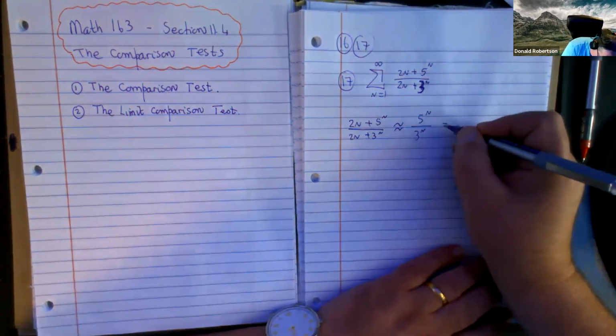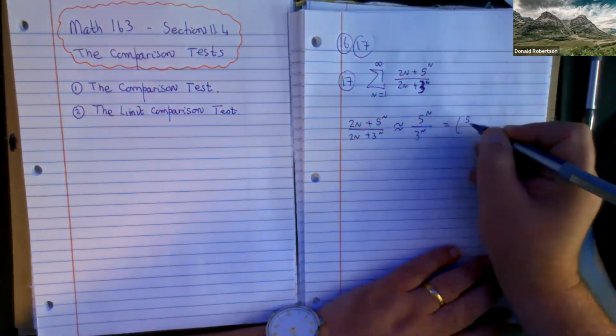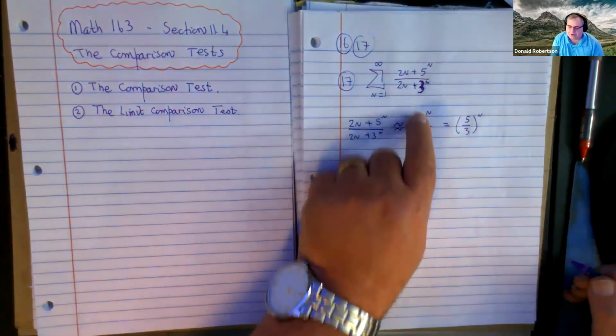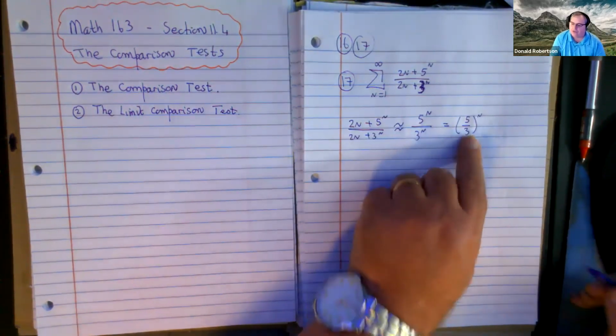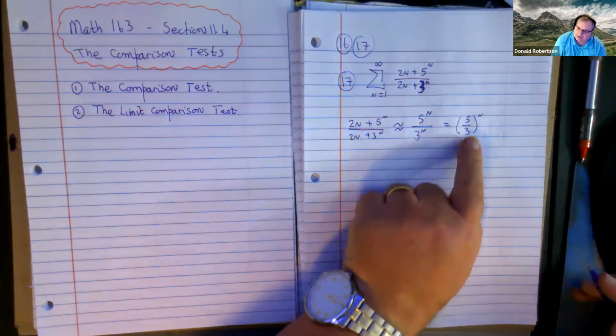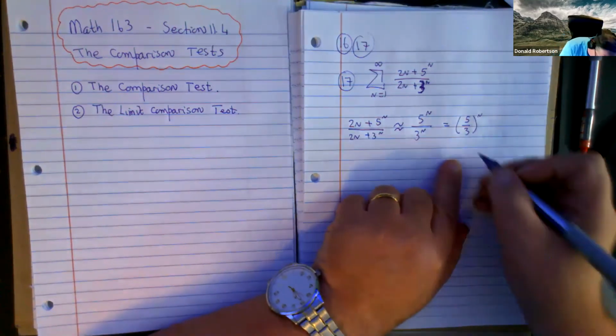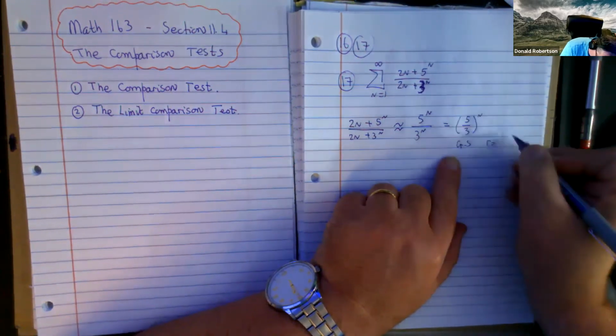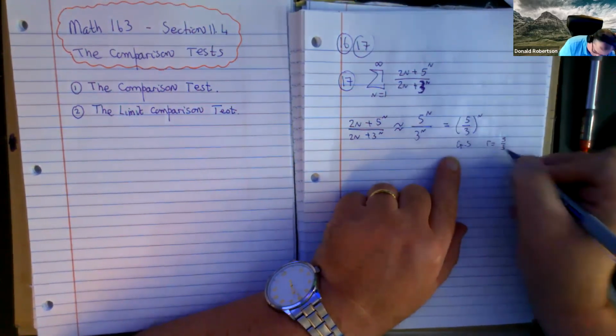Now, we can simplify this down to look like that. Are you comfortable that 5 to the n over 3 to the n is also the same thing as 5/3 to the n? So far, so good? Now, do you recognize that this is a geometric series and that the R value is 5/3?